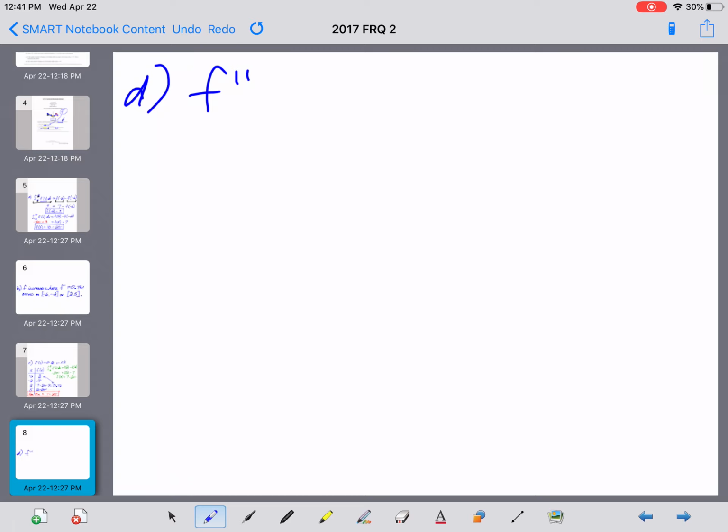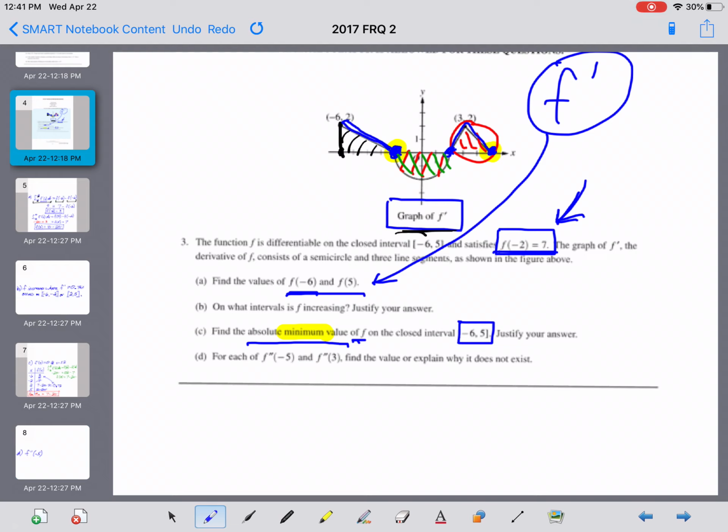We are looking at f double prime of negative 5. Okay, so f double prime of negative 5 is the derivative of f prime evaluated at this spot here of negative 5. So boy, I have made a mess of this graph, so let me see if I can't clean this up just a little bit. That was nice. All right, and f double prime of negative 5.